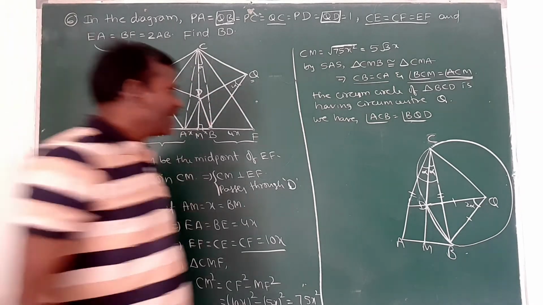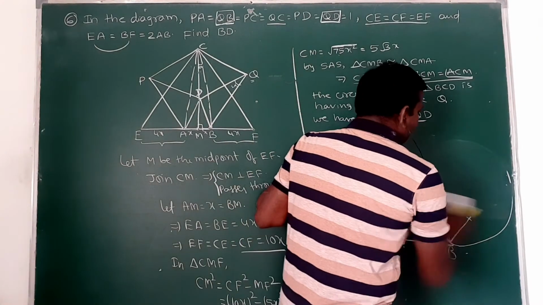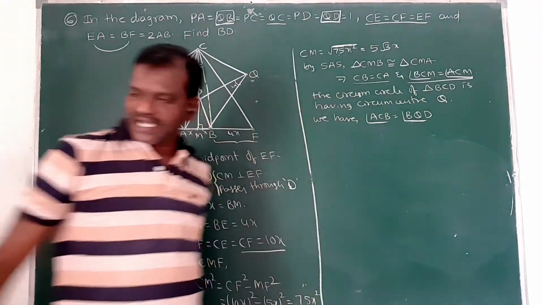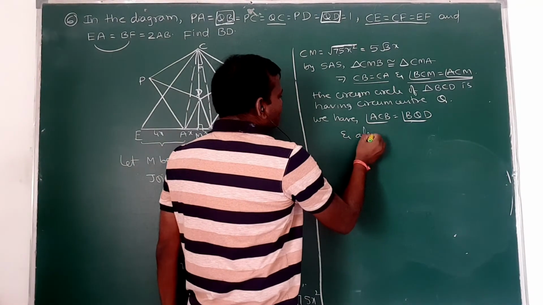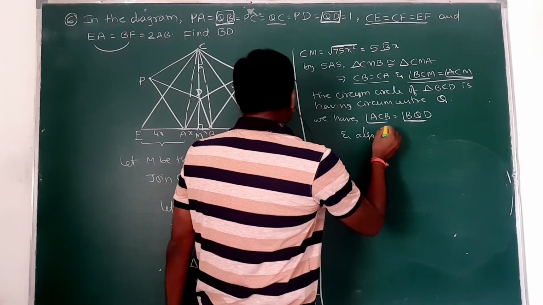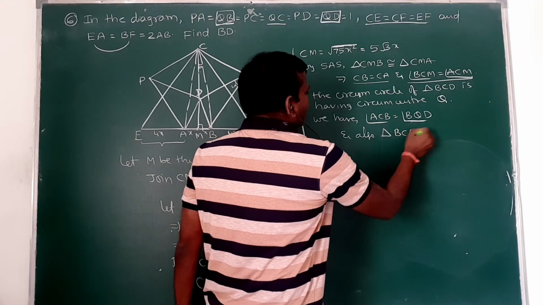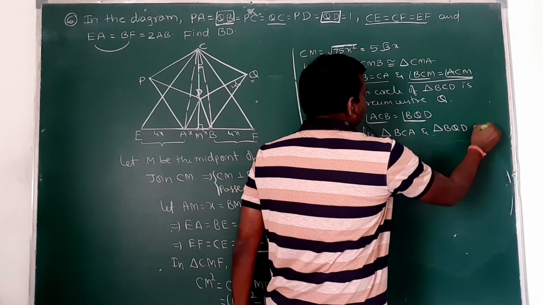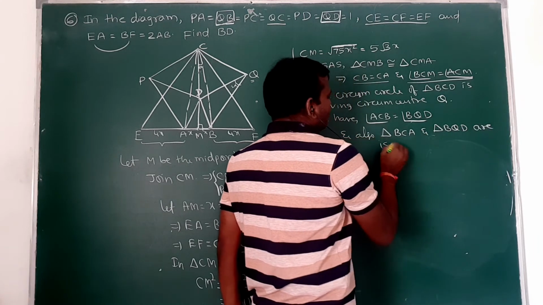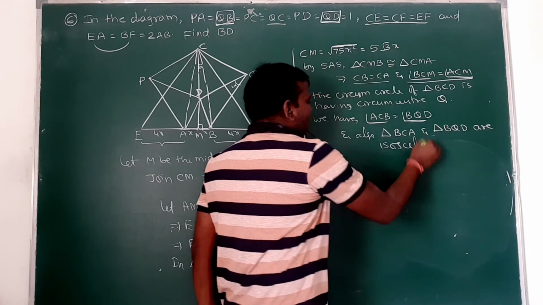So I am writing it as, these two triangles are equal and also triangle BCA and triangle BQD are isosceles. These two are isosceles triangles.